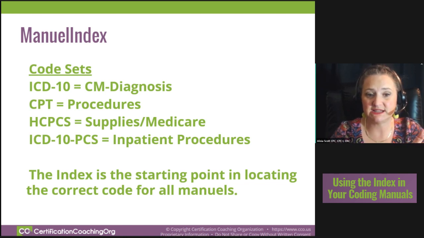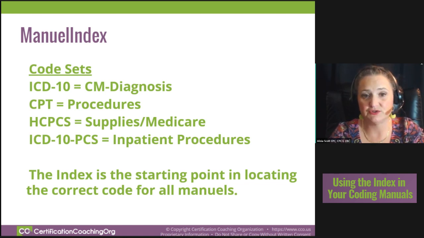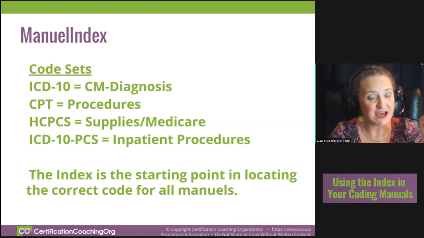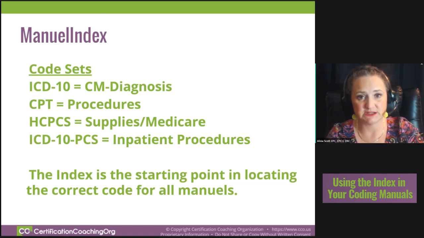Whereas with ICD-10 CM, with HCPCS and PCS, there's no copyright. So that means whichever publisher you get, if you're using Elsevier's Carol Buck, or the AAPC's one, or Optum, and there's just a bunch of them out there, whichever manual you're using, whichever publisher, then it'll be a little bit different. However, the index is exactly the same content, it just may be formatted slightly differently, but there still will be an index and there'll be a tabular.